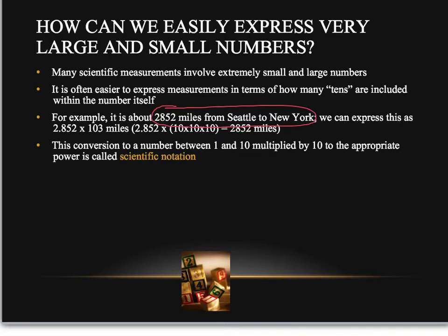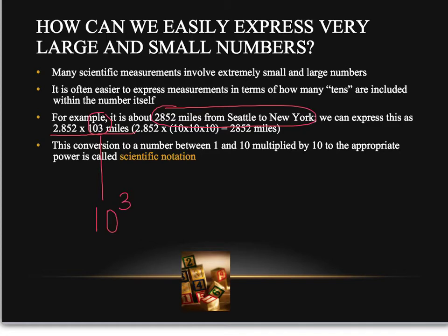And we could shorten that number in terms of scientific notation, which just represents how many tens there are within a certain number. So we would shorten this number down to 2.852, and we would show that there are 3 tens represented by writing 10 with an exponent of 3.